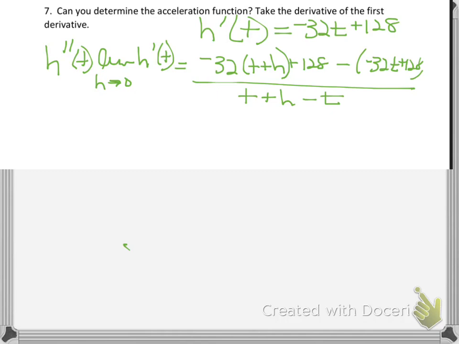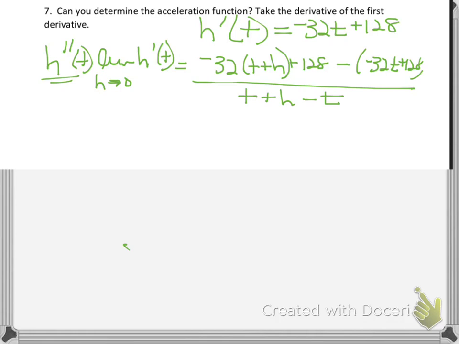Now if I want to take the second derivative, here's some new notation for us, h prime prime. I told you already that the second derivative of the position function is acceleration. You can also term it as the derivative of the velocity function.